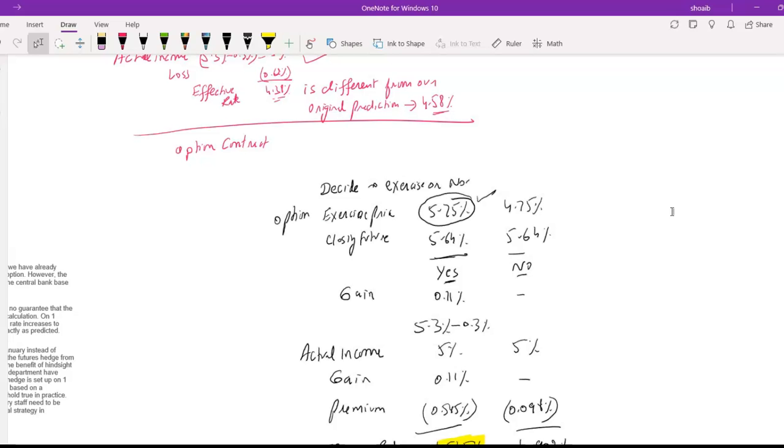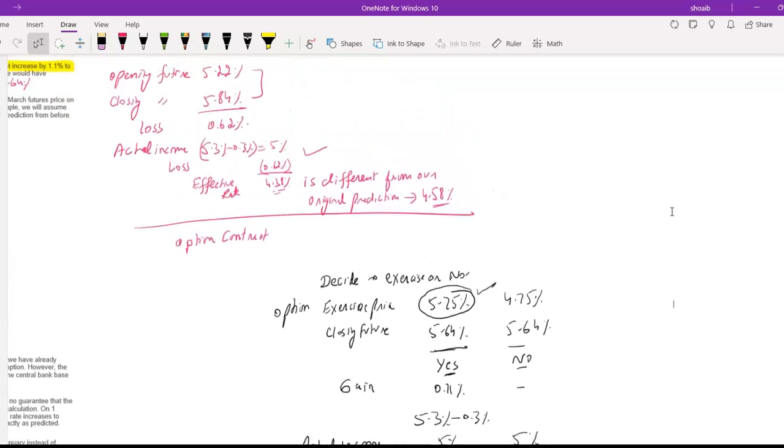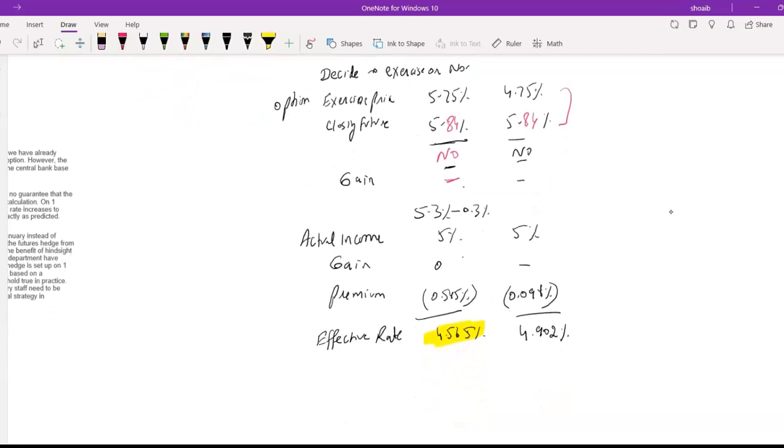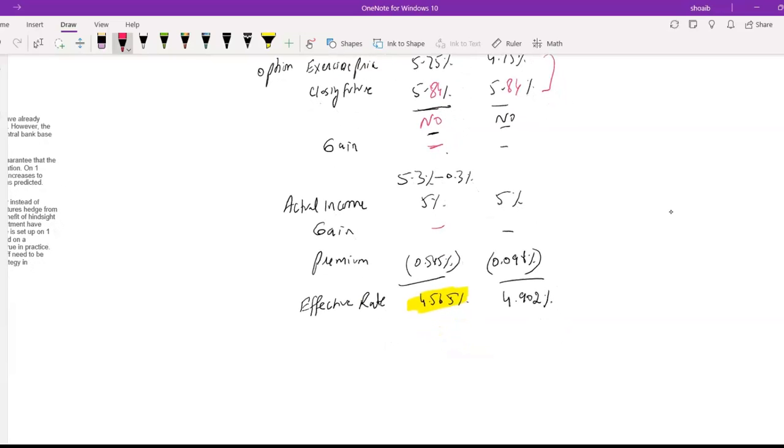Instead of writing 5.64, you will write 5.84. Will you exercise? No. Will you exercise? No. 4.46%.